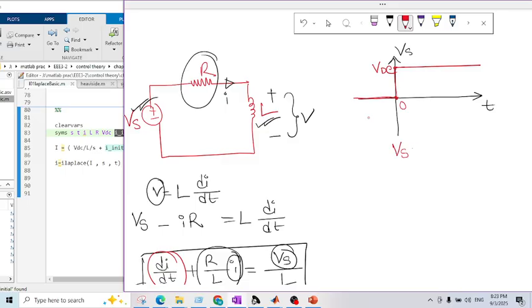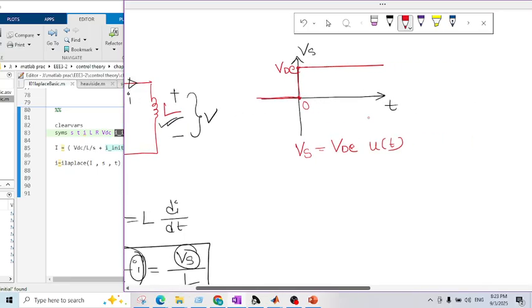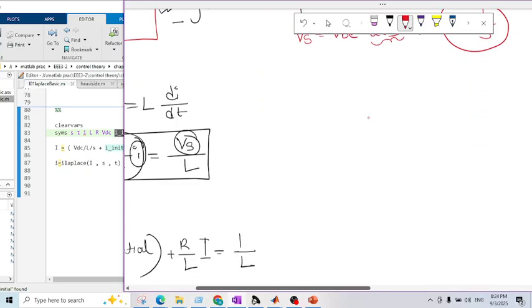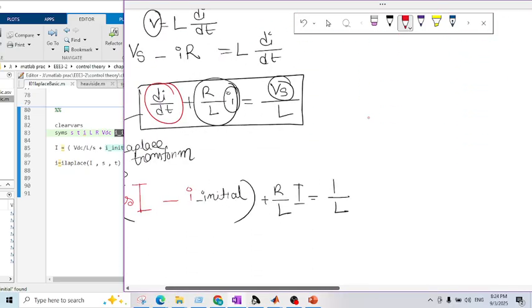So we can write Vs is equal to VDC u(t). Well, so Vs is equal to VDC u(t), and if I now transform this I will get VDC. We know that Laplace transform of u is simply equal to 1 by s. So let's put this Laplace transform VDC 1 by s here.